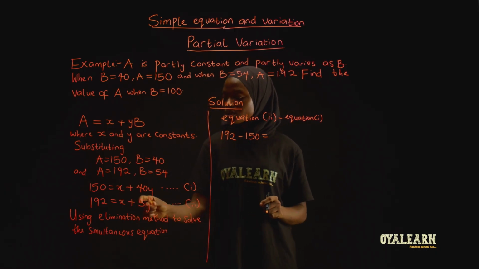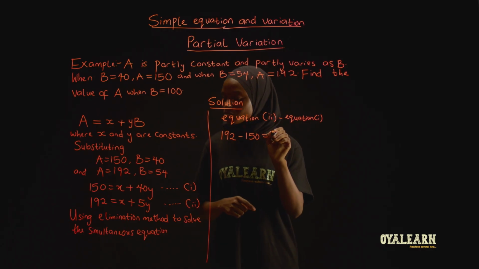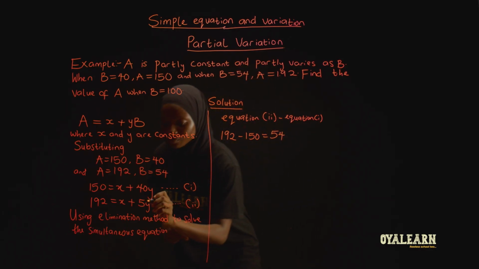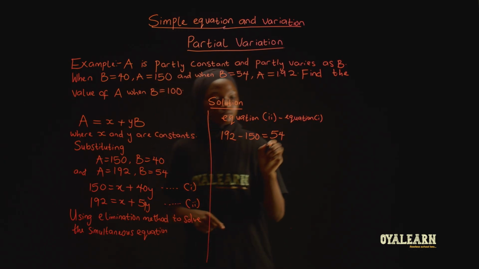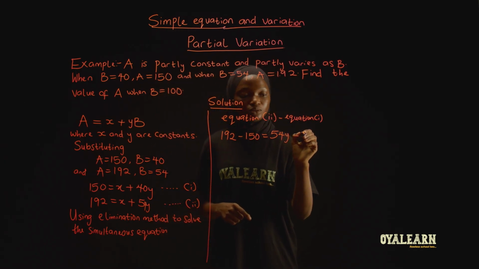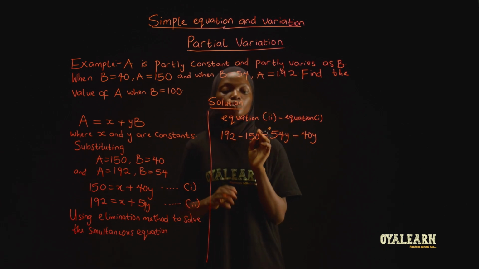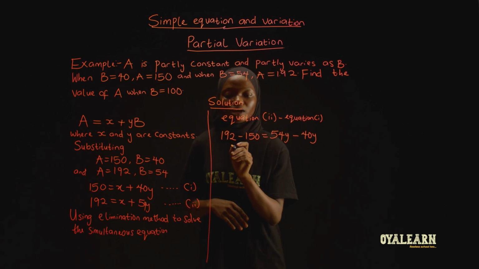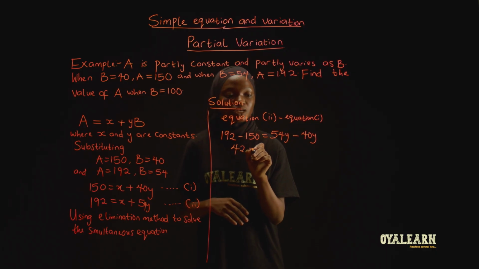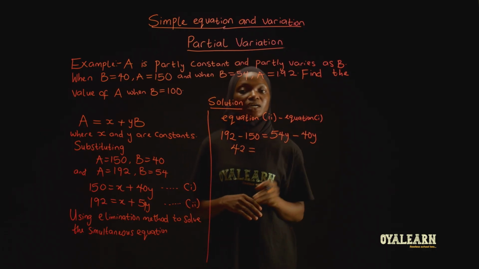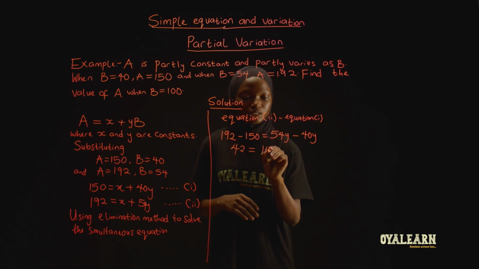And here we'll be having 54Y minus 40Y. So here we'll have 192 minus 150, we'll have 42 equals 54Y minus 40Y, we have 14Y.